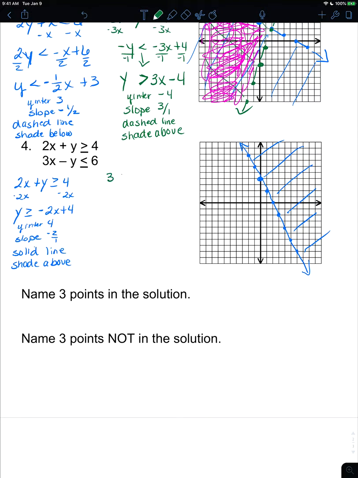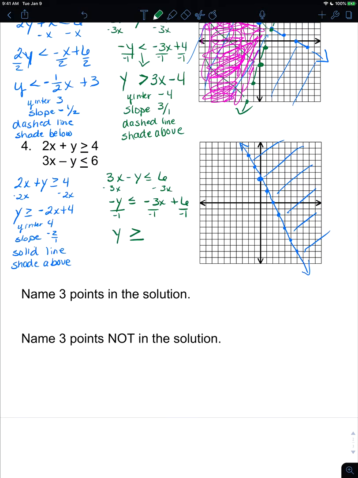Let's look at the other equation. 3x minus y is less than or equal to 6. Subtract our 3x over to the other side. Divide through by negative 1, which reminds us to flip our sign since we're dividing by a negative.